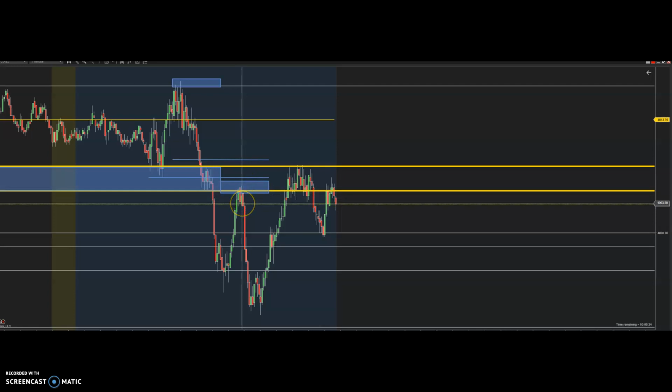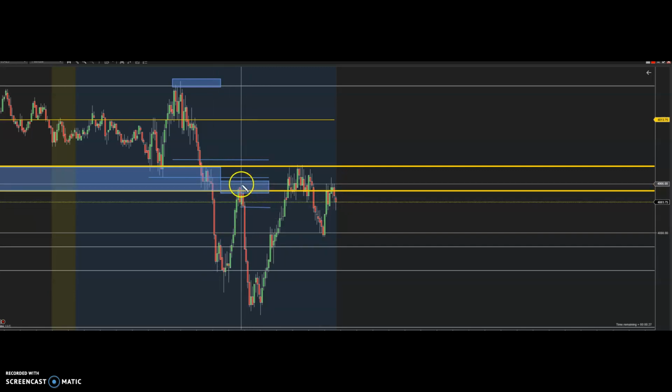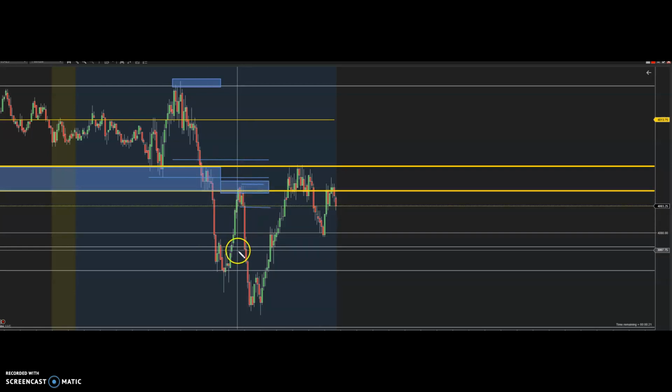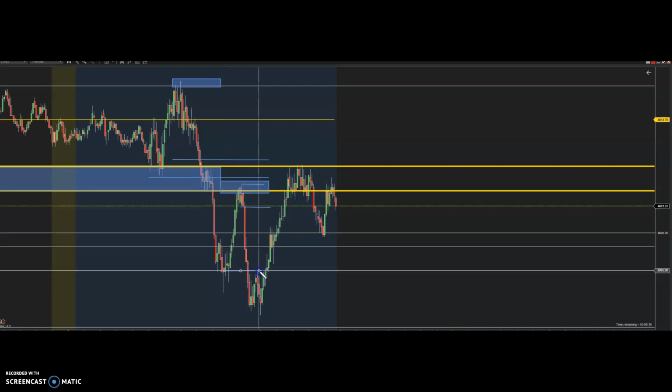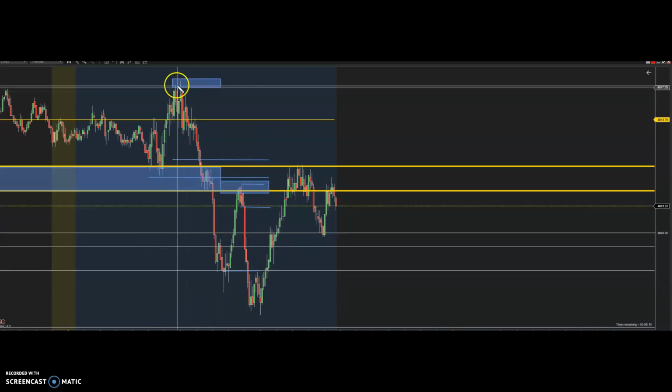I am in this trade for downside, short. My stop loss is right above this wick. My potential target is to target these lows. Now, that's utilizing the 15-minute chart.